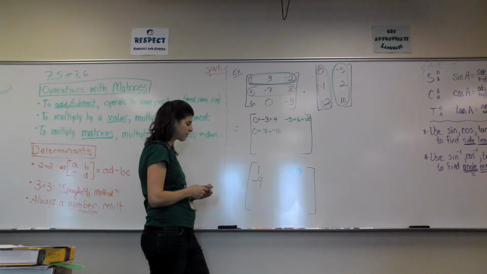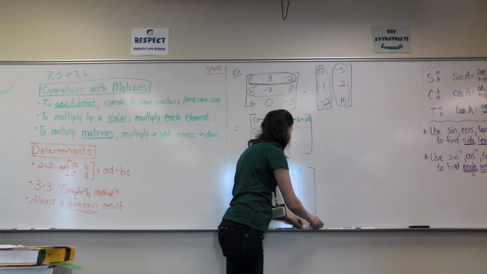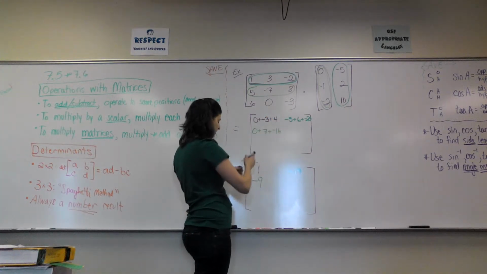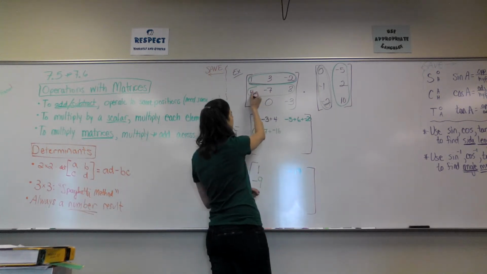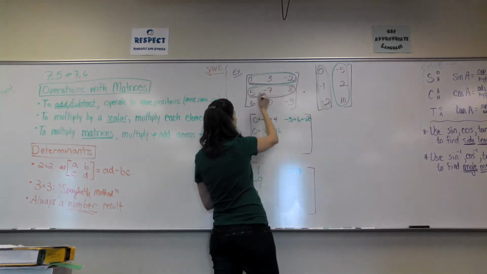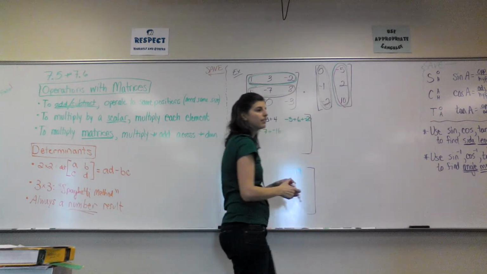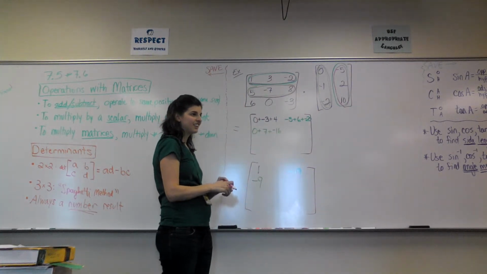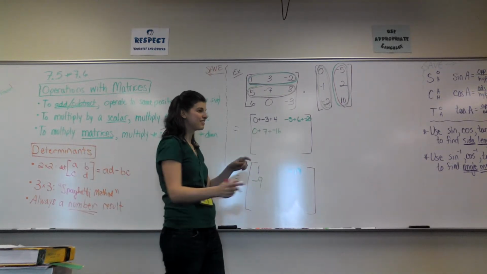All right, second row, second column. Second row, second column. All right, they said they wish they had color. I have colored pencils if you ever wanted.